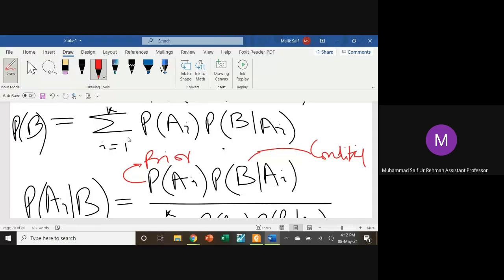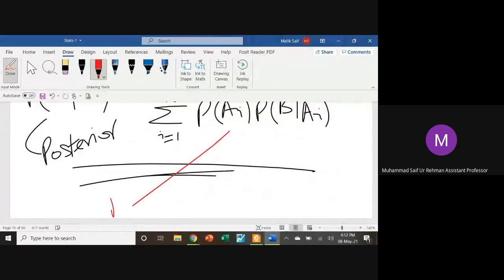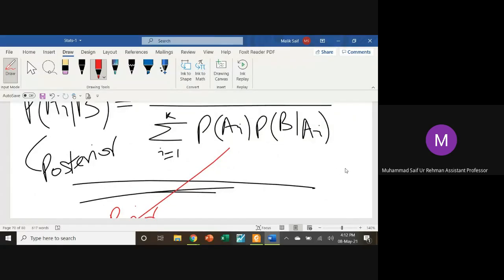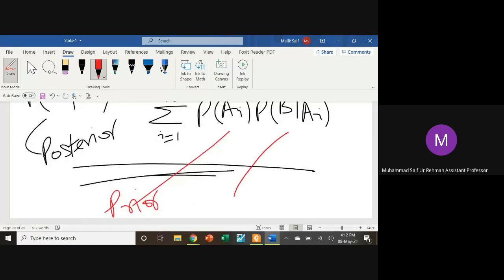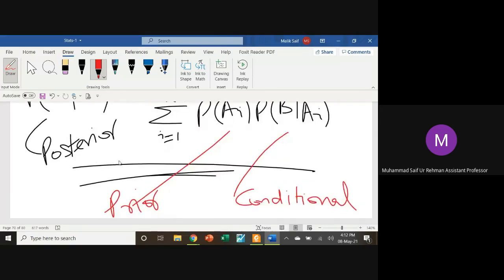Understand? So also, if you see, these are the prior, or we also call it prior probability of AI, and these are the conditional probabilities. Understand? And this is the posterior probability.